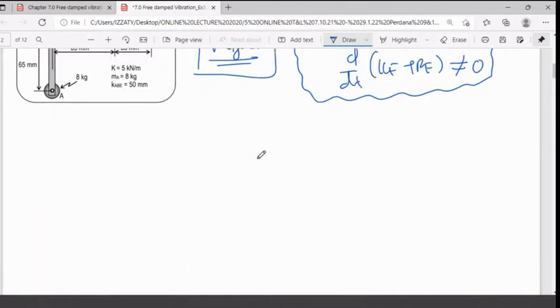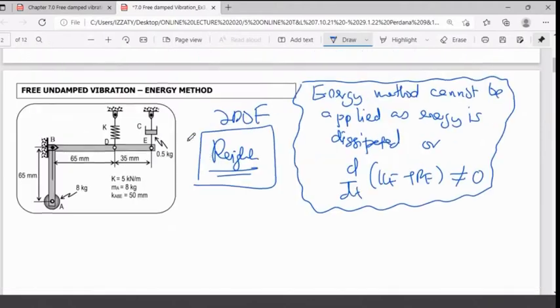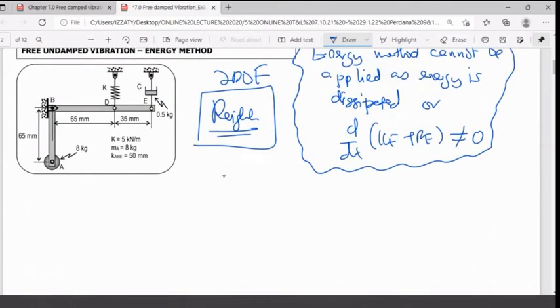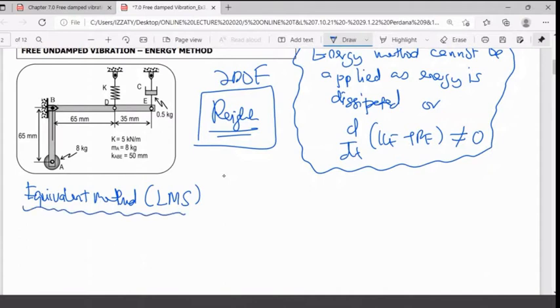So we're going to use the equivalent method, and I did mention the lumped mass system. So you need to simplify this.